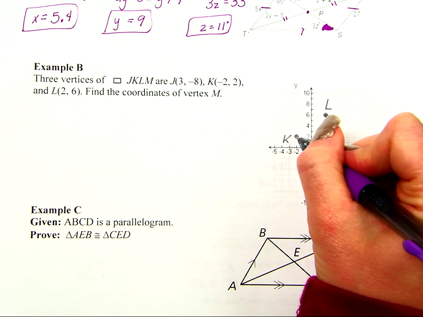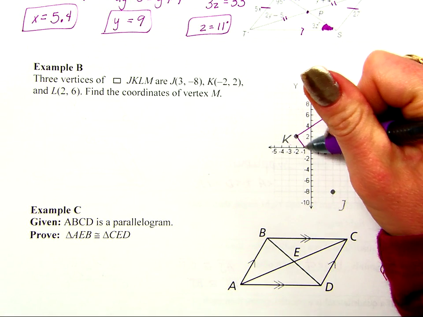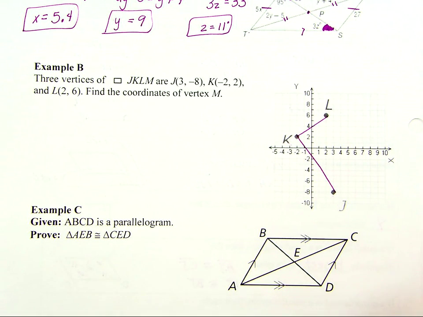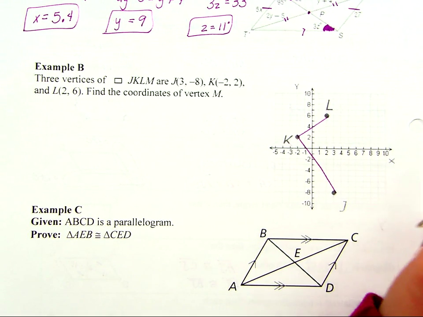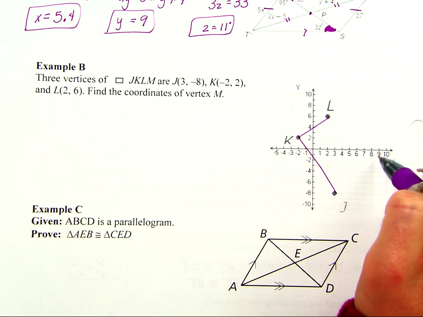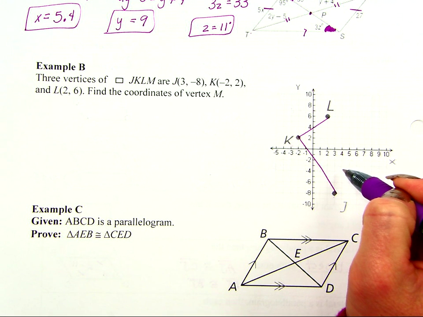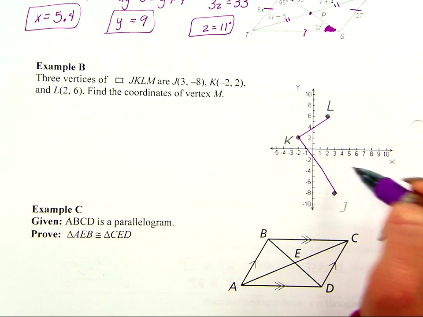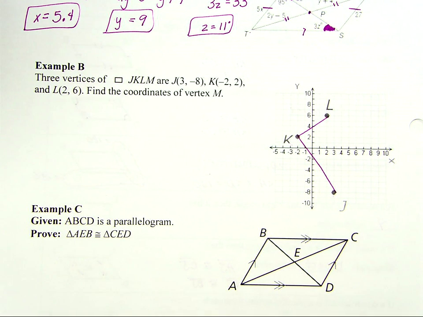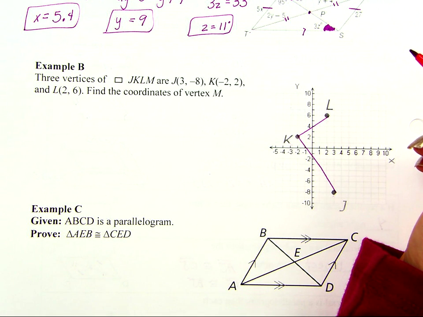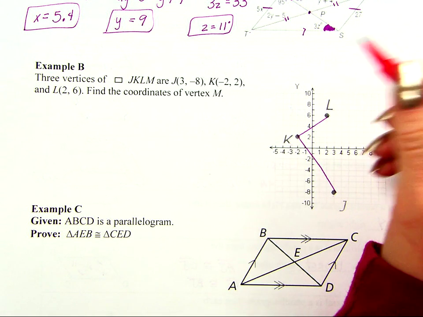Okay, now I'm just going to connect my points. I know that my point M, if I'm forming a parallelogram, is going to have to be somewhere in this region or in this area. I'm going to take a look at the slope from K, or the slope of KL. I know that in a parallelogram, my sides are parallel.